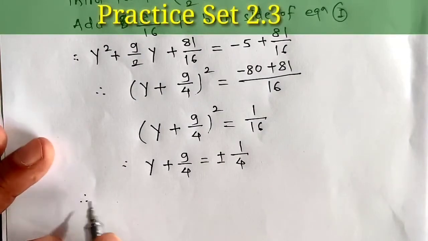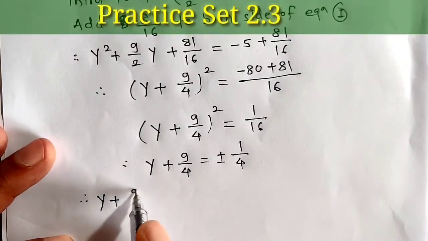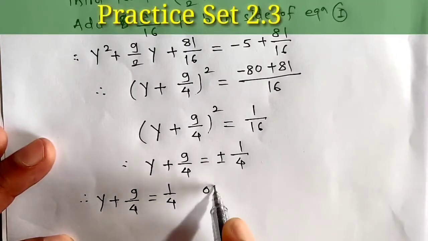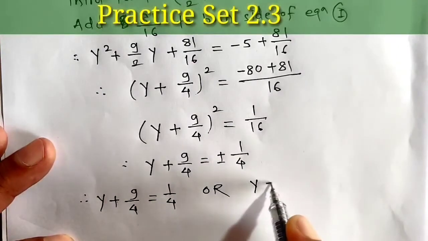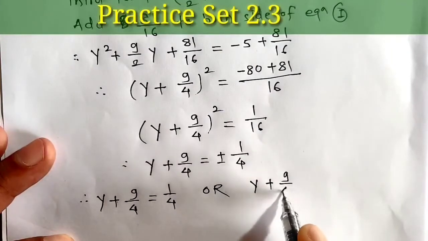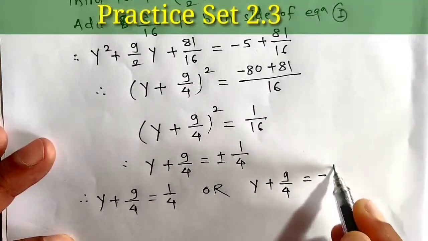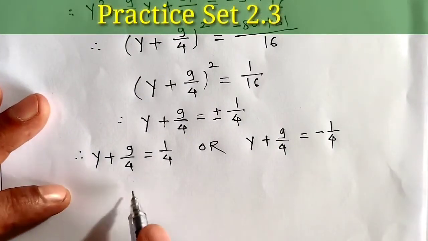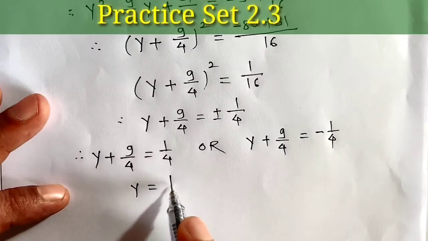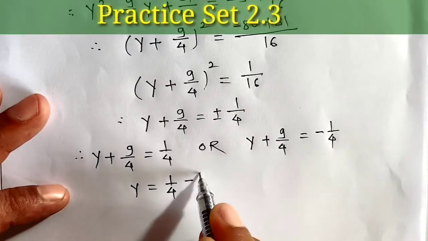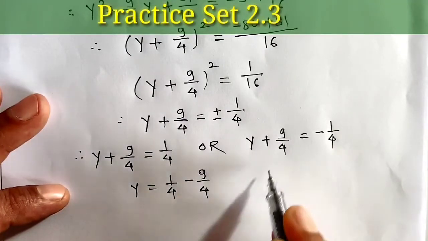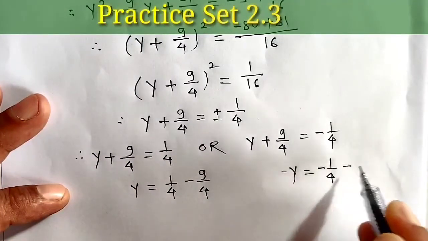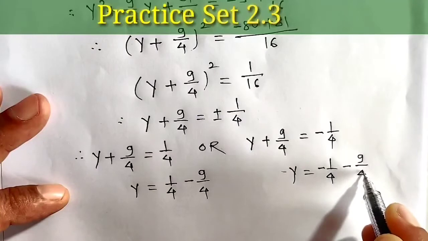So we have two options: y plus 9 by 4 is equal to plus 1 by 4, or y plus 9 by 4 is equal to minus 1 by 4. Now simplify. y is equal to 1 by 4 minus 9 by 4, or y is equal to minus 1 by 4 minus 9 by 4.